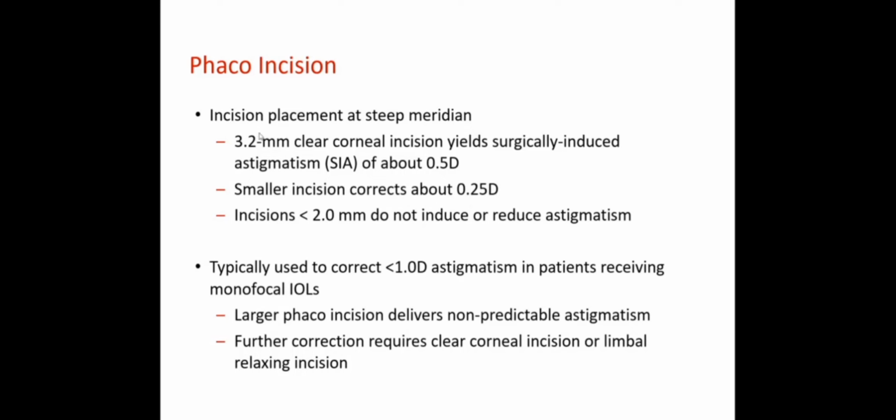But this value needs to be decided by the physician, right? Because they need to be aware of how much astigmatism change their incision creates. The size of the incision is of course a factor, but the way it's constructed, like how deep the tunnel is, or the actual placement of it, does have an effect on the induced astigmatism as well.